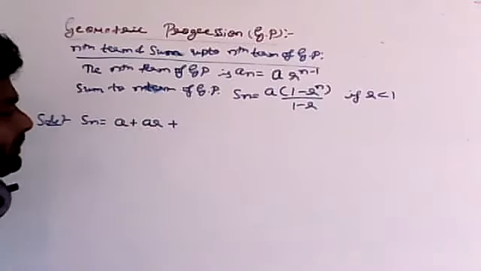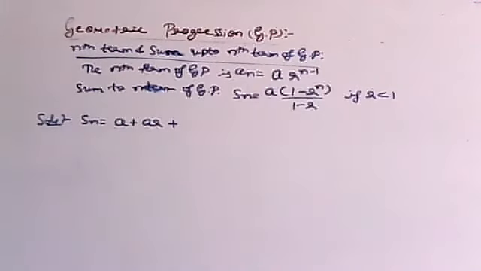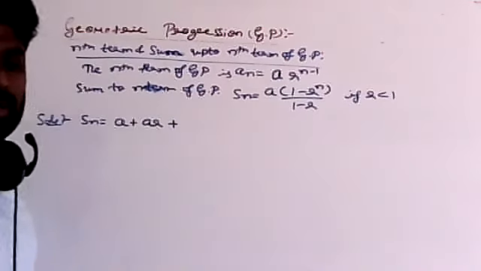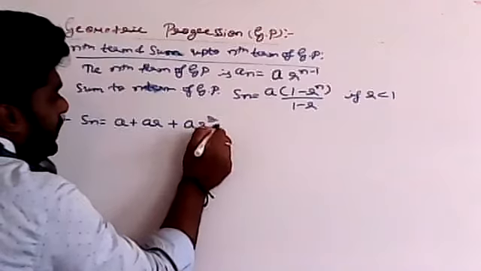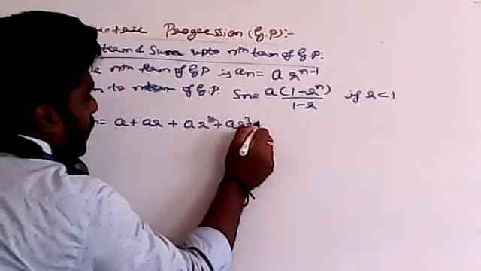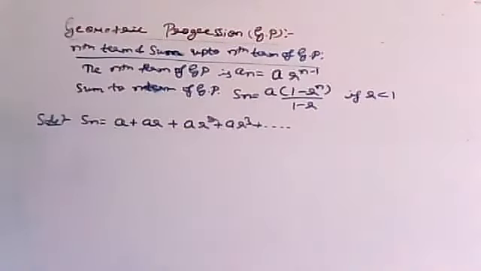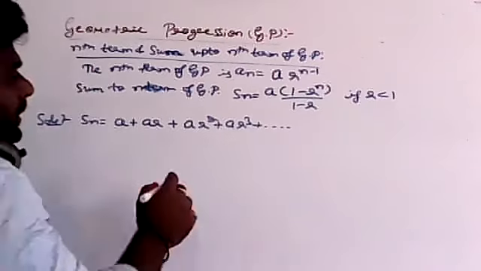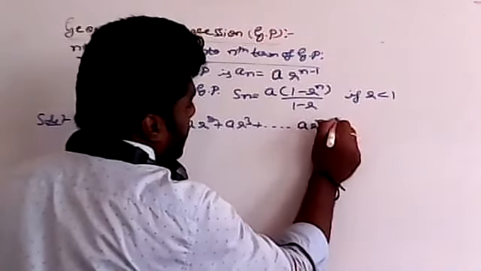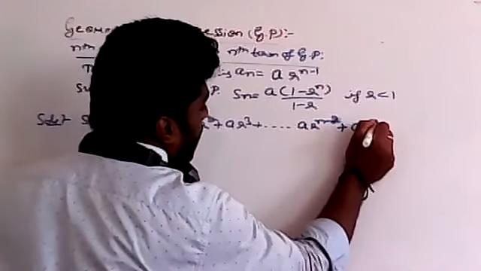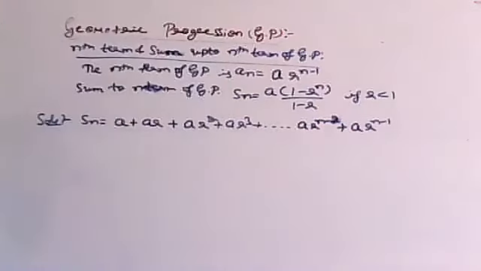What is the next term? a r square plus a r cube, and so on up to a r to the power of n minus 2 plus a r to the power of n minus 1. Correct, no?